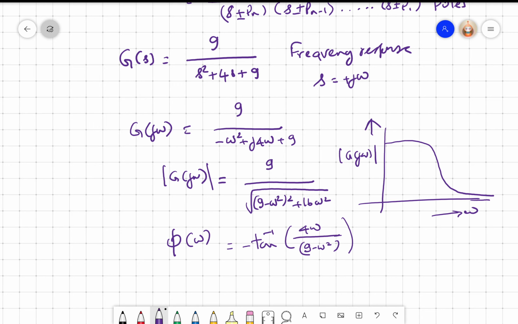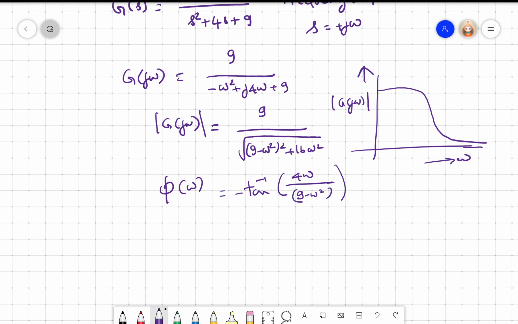It is also possible, if I have a particular input to this transducer, to get the Laplace transform of the input, multiply with the G of s and take the inverse Laplace transform, and I'll get the actual value that I will get for that particular input, right?